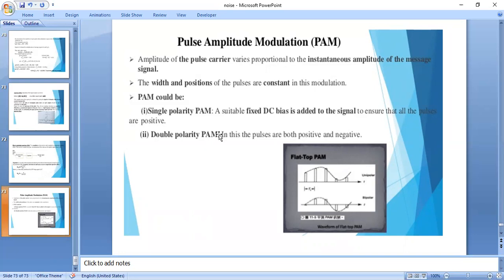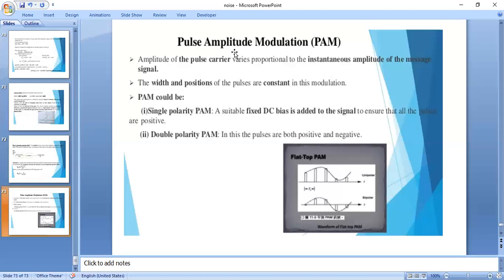Single polarity PAM allows only signals having one polarity, and double polarity PAM means pulses having both positive and negative polarities. In single polarity the pulse has only the positive polarity we are considering here. So these are the analog pulse modulation techniques: pulse amplitude modulation, pulse position modulation, and pulse width modulation.